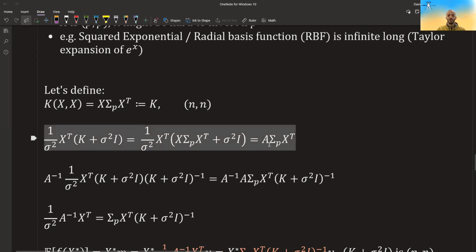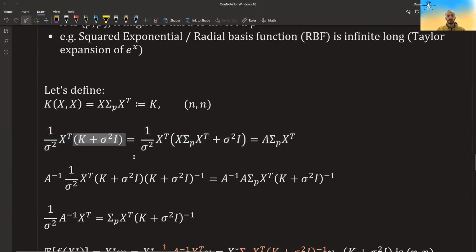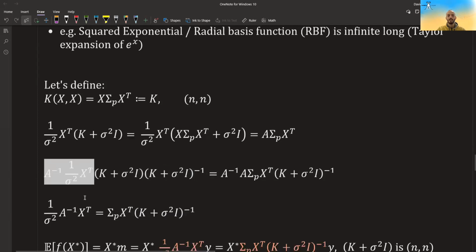Now I want to multiply from the left side by the inverse of A, and the right side by the inverse of this matrix over here. So I took this equation, A minus 1 on the left, this thing on the right. What do we get? Here the A minus 1 and A cancel, so we are just left with this term over here, and here this cancels, so we are only left with this thing over here.